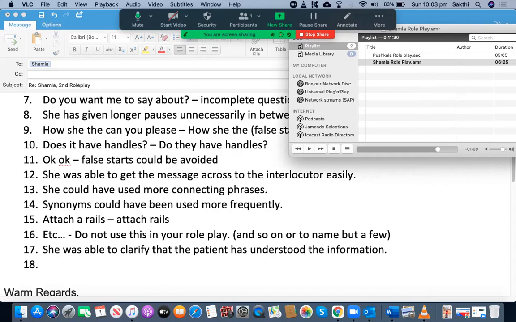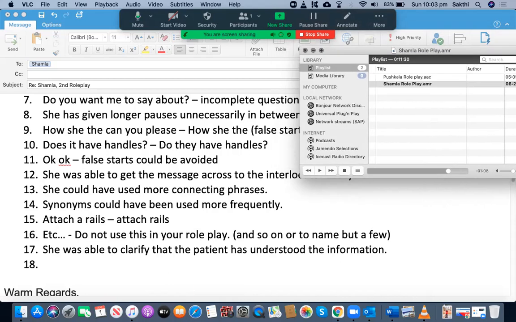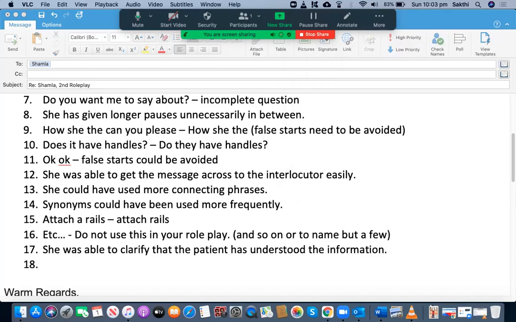Now it is about 5 minutes and 10 seconds, which is not good. I'm not going to assess this role play further, because in the real OET role play conversation, they are going to assess only for 5 minutes, and then the interlocutor will stop. Okay, let's go through this until now.